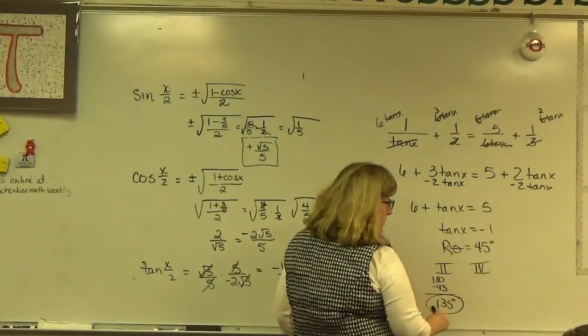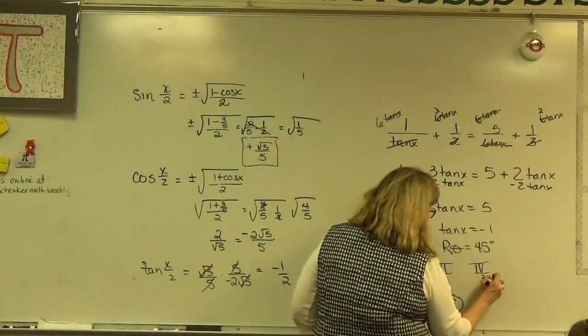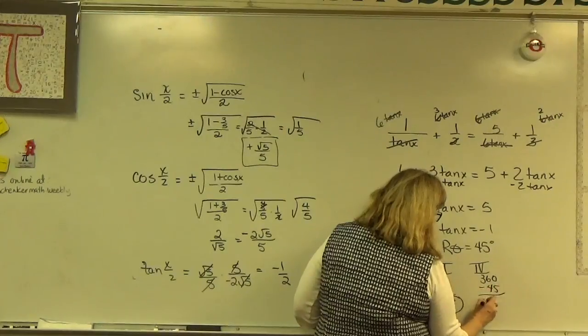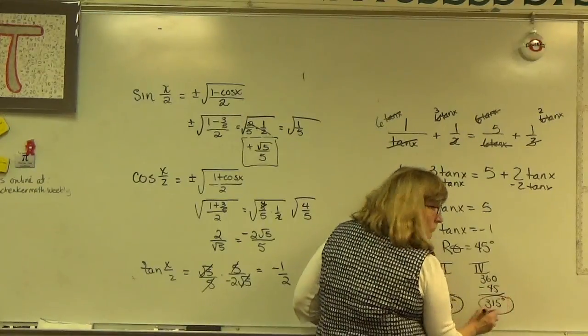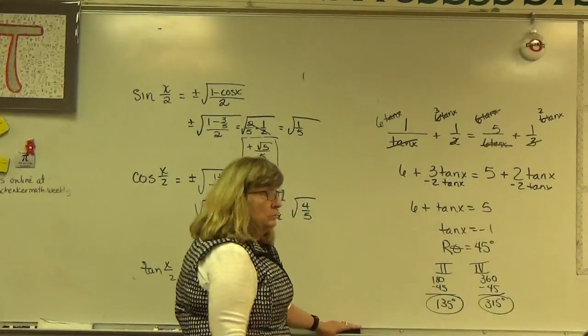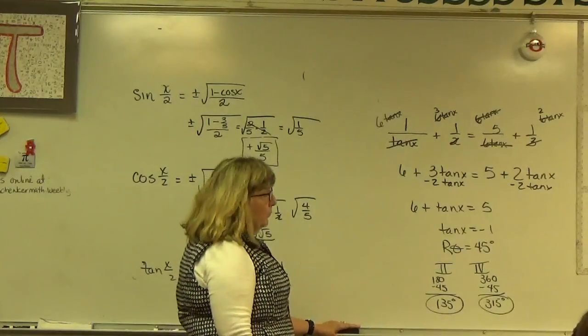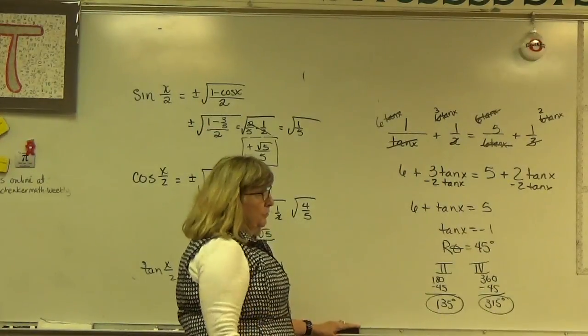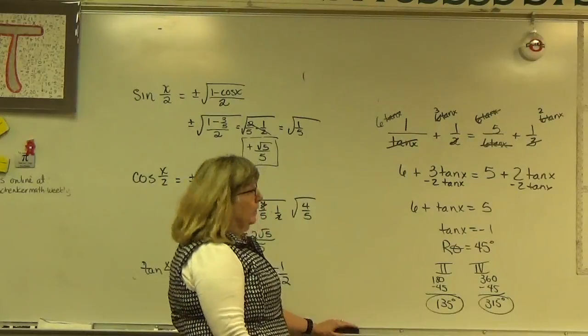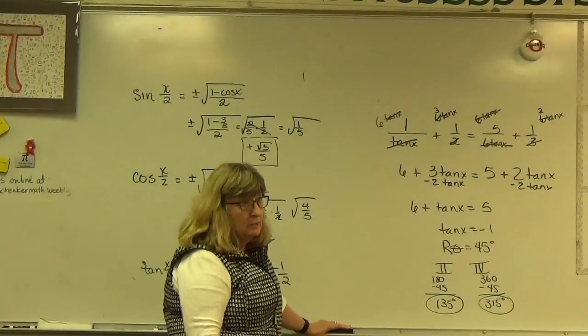To place it in the fourth, it's 360 minus it. So if you have fractions, which is a possibility on the test, you multiply by the common denominator to get it by itself.